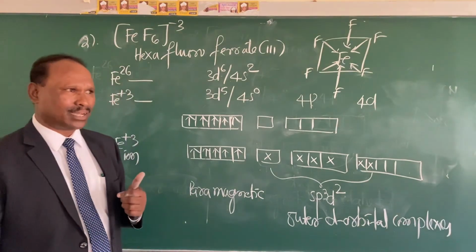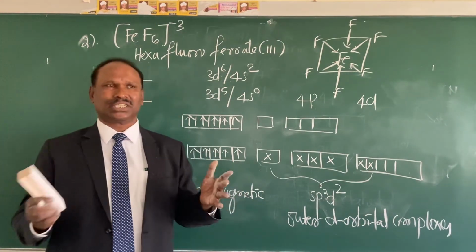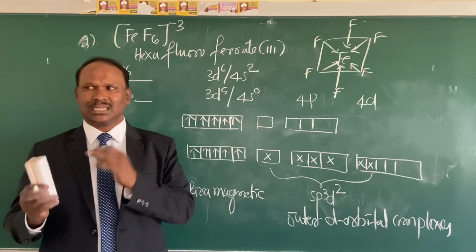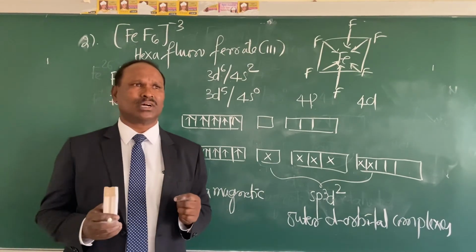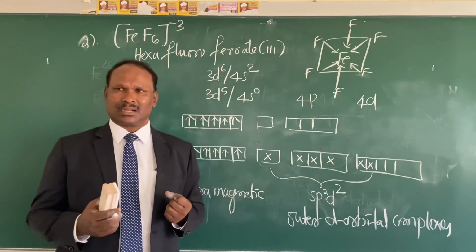So in the examination, you may get questions like this. Differentiate between the inner orbital complexes and outer orbital complexes. You may also get a 2 marks question. What are inner orbital and outer orbital complexes?